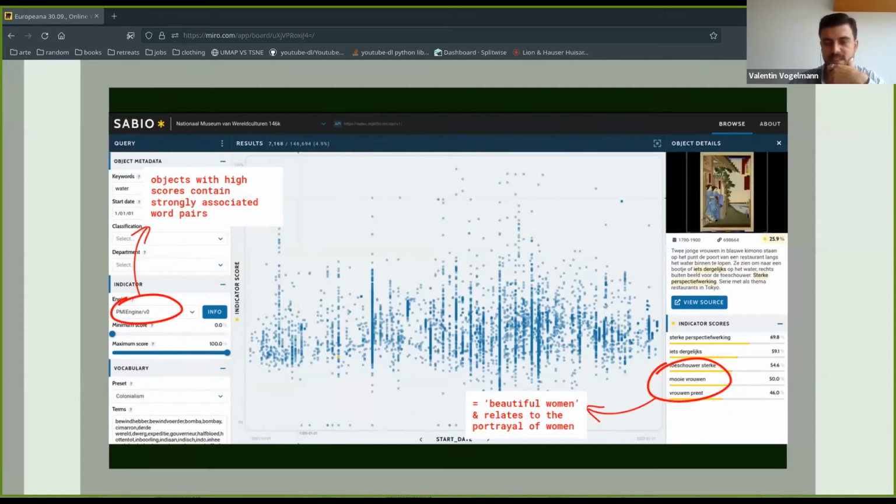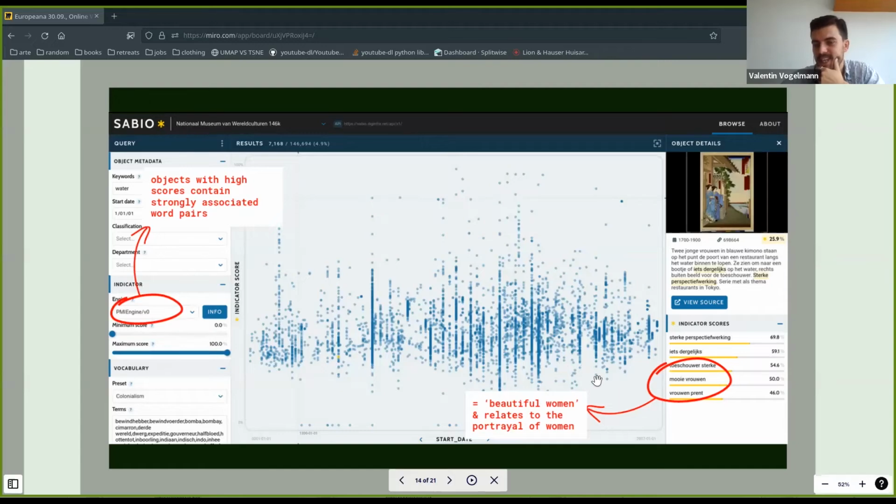Another one that we have is word associations. That one also gives quite interesting examples. It measures how strong the word associations are between all the word pairs in a given object. For instance, this one finds a relatively high association strength between mooi and vrouw, which mean beautiful and woman in Dutch, respectively.